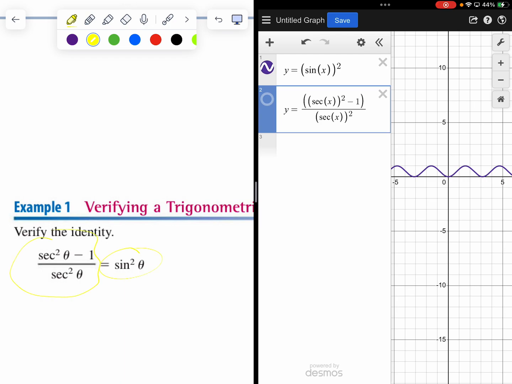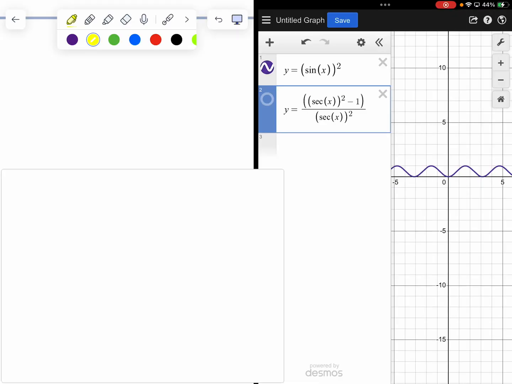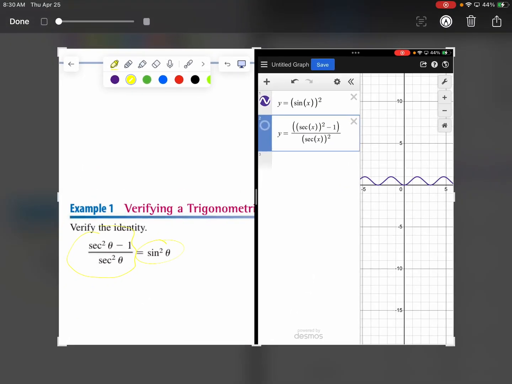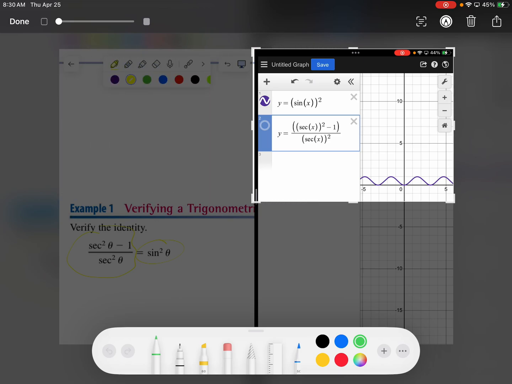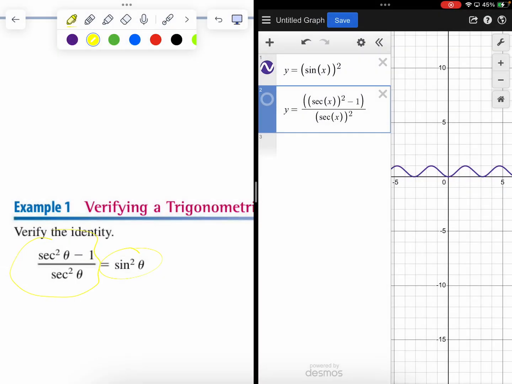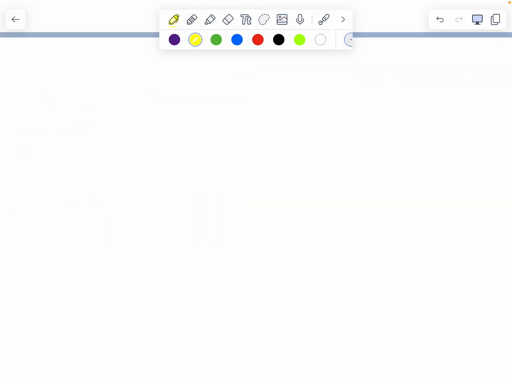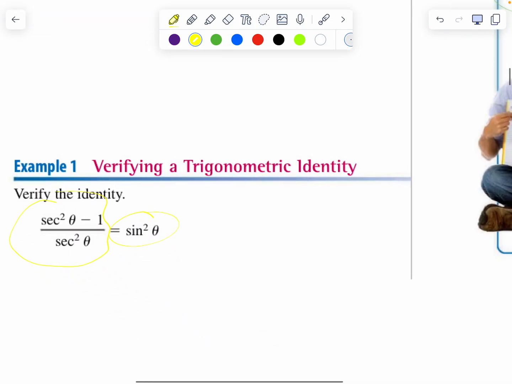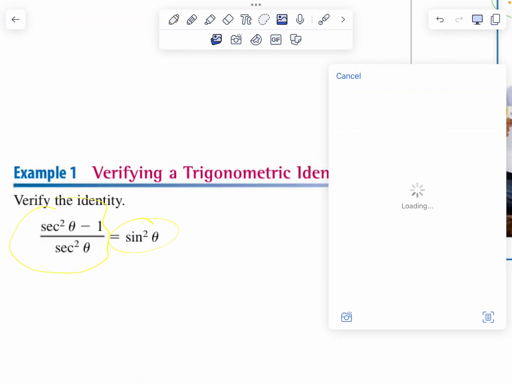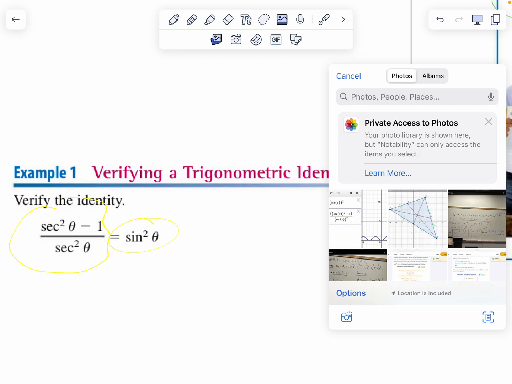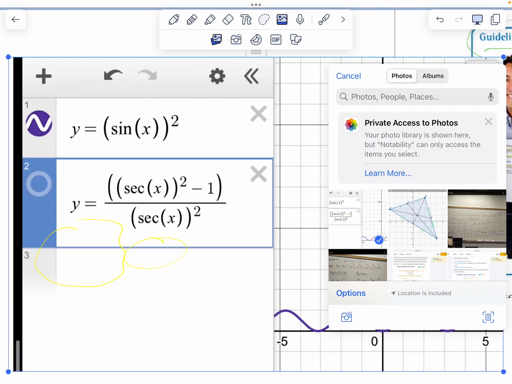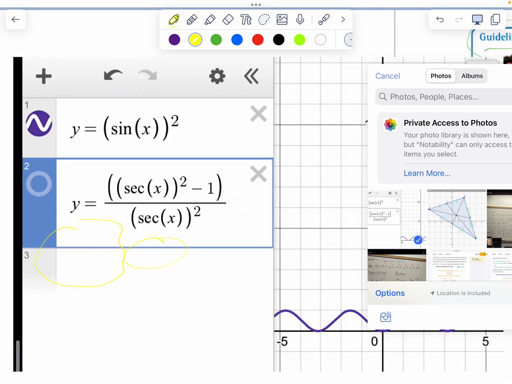So I'm going to take a screenshot of this, and I'm going to attempt to drop it in my notes here, because I want you to understand that these two graphs are identities, and they are always on top of each other.